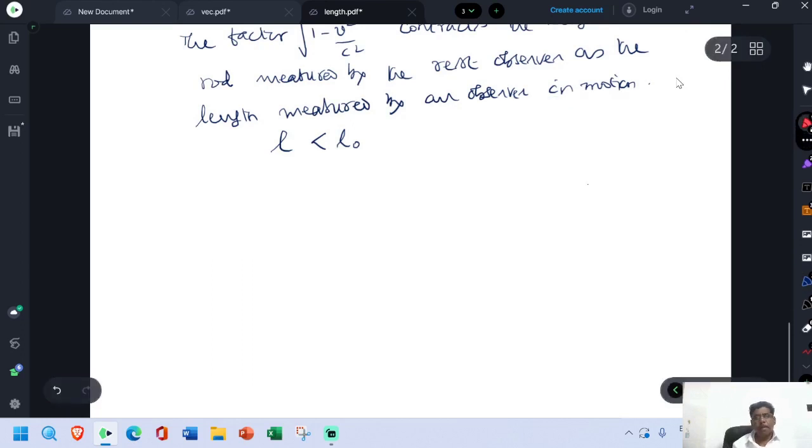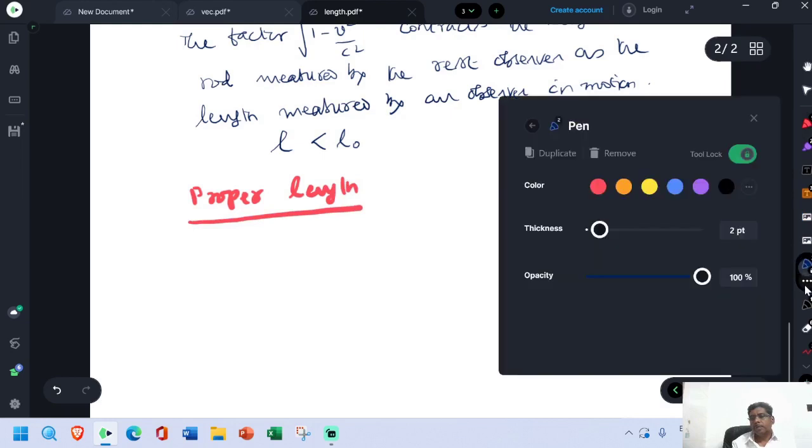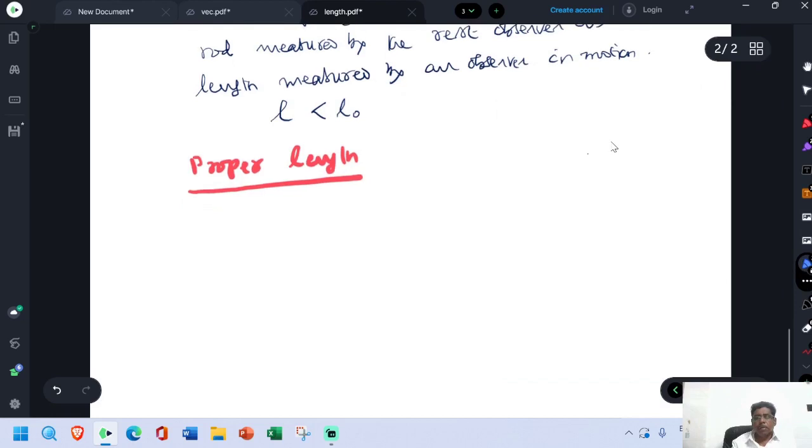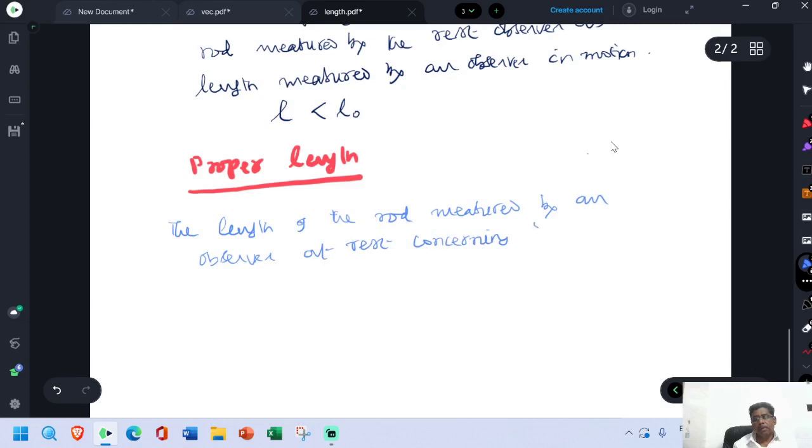A new term, proper length. The length of the rod measured by an observer at rest concerning the rod is called proper length.